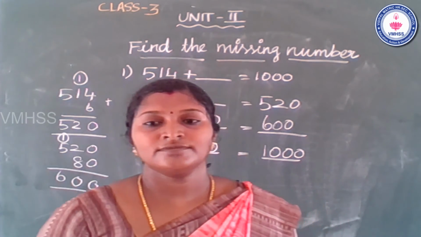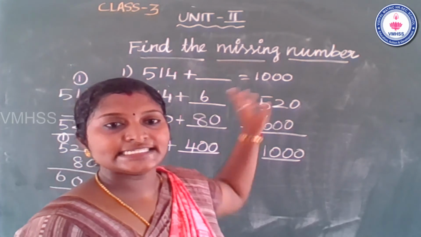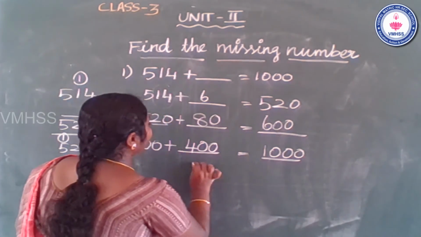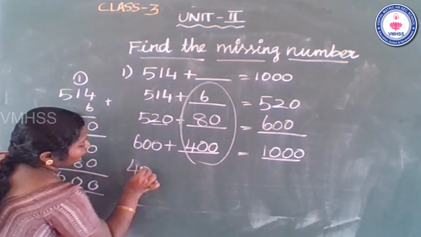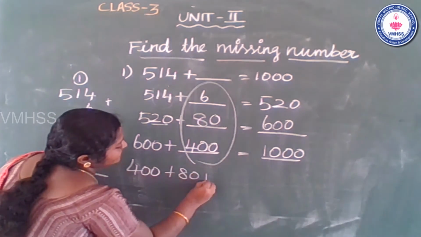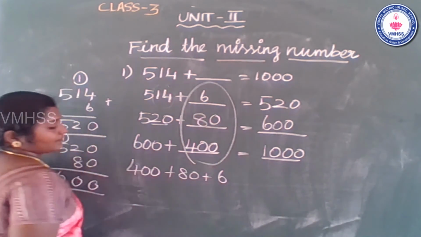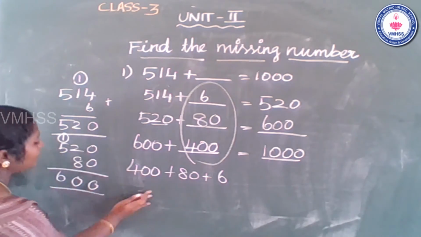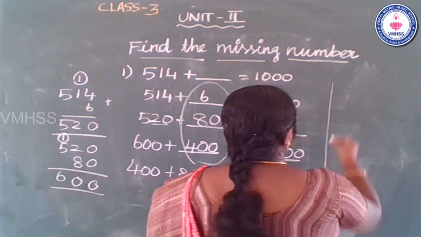Okay, students. So 480 plus 6. Now we are adding these numbers. So adding 400. What is the next number? 80 plus what is the ones value? So the next number value is 6. Okay. 400. Students, you work it out on a rough sheet.